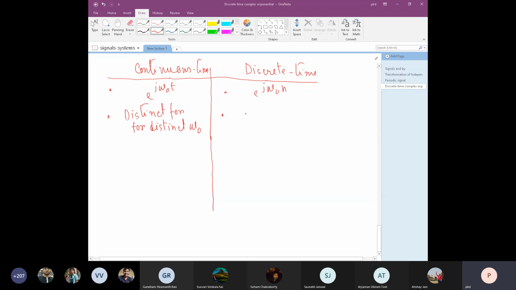Now here, of course, it is not so. The signal is identical for values of omega naught separated by multiples of twice pi.